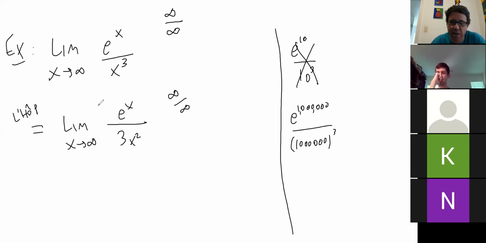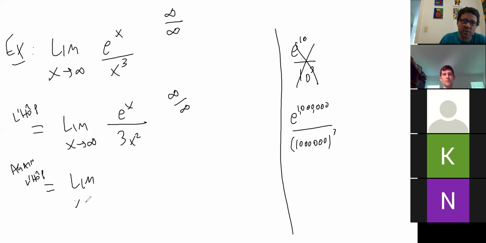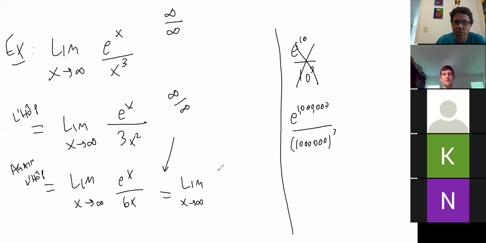Then it's still infinity over infinity, so I can do L'Hopital's rule again. And I'll get the limit as x goes to infinity of e to the x over 6x. That's infinity over infinity again, so try L'Hopital's rule again. I get e to the x over 6.